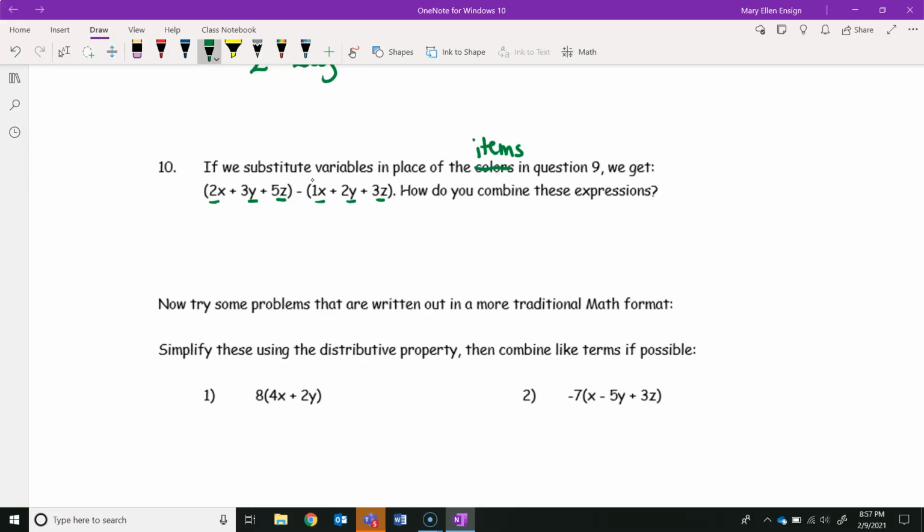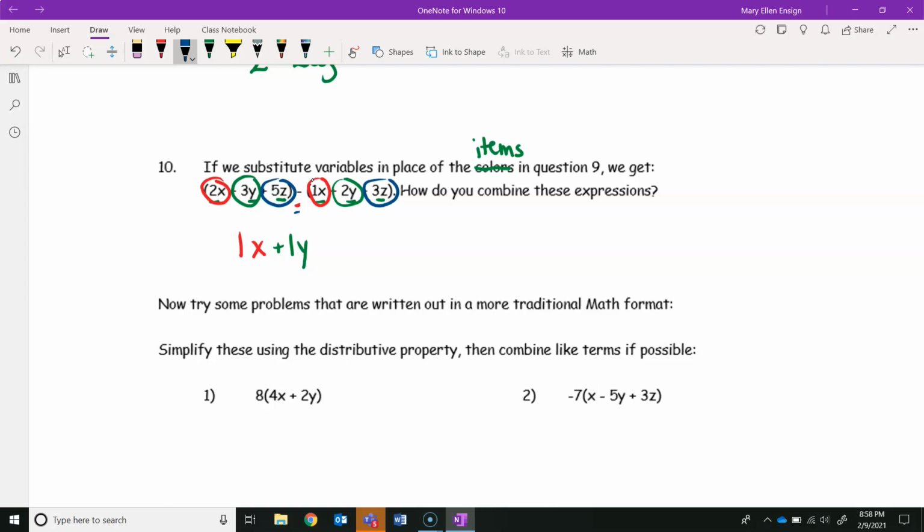So when I do this, I have to make sure that I'm subtracting each thing inside that parentheses. So 2x, I'm going to subtract 1x, right? So 2x minus 1x gave me 1x. 3y minus 2y. 3 minus 2 is positive 1. Oh, sorry, that's y. And then 5z minus 3z.